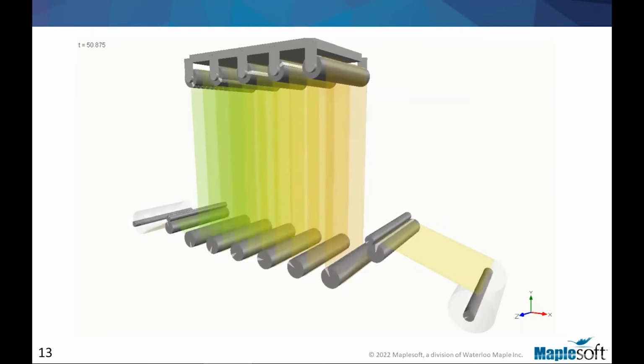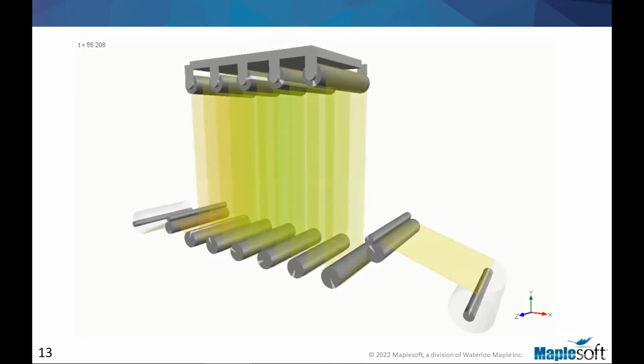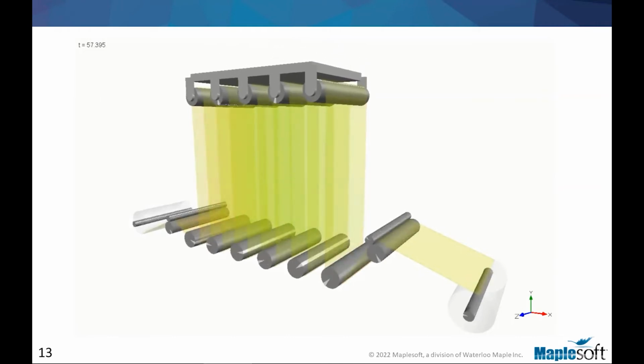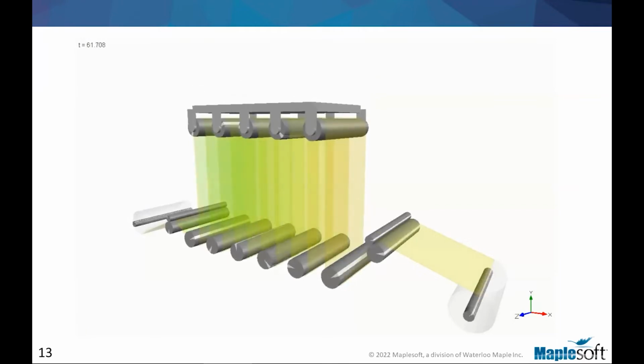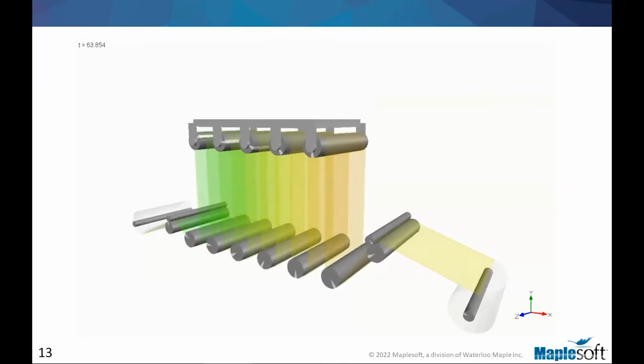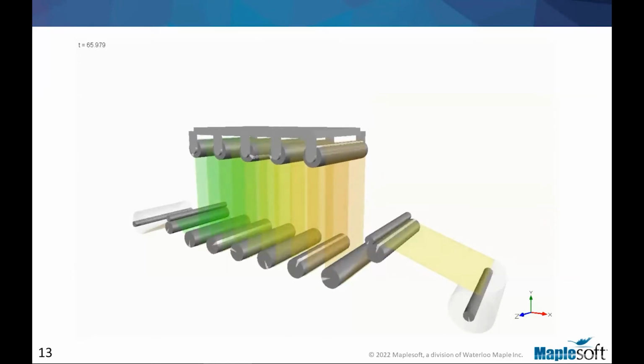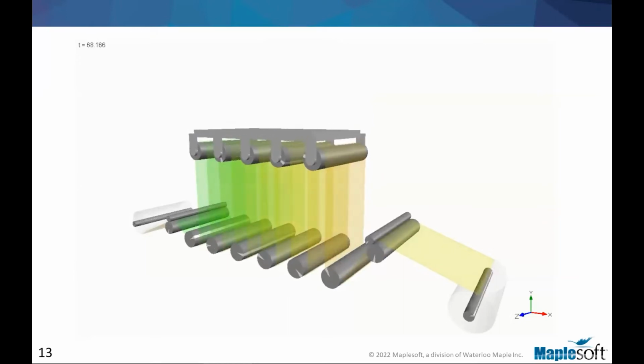You can see the color coding that is based on the tension variation in the system. We have included in this model some losses in the bearings for the rollers. That's why we have this gradual change in the tension from the start to the end of the accumulator.